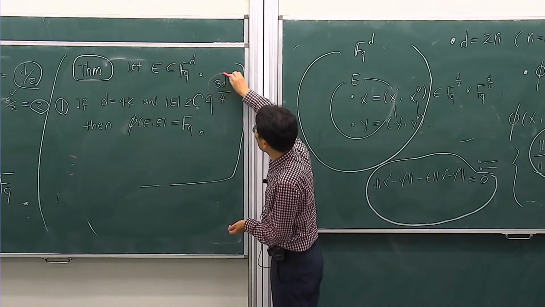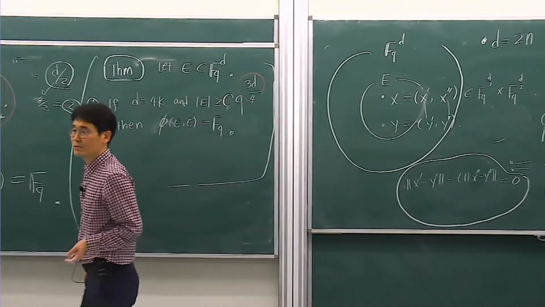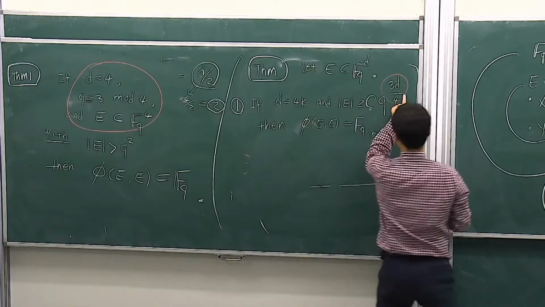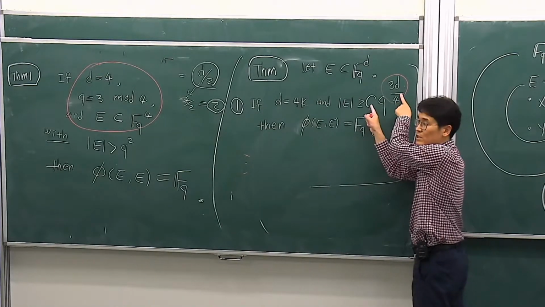You can check this is bigger than exponent 2, but this is sharp. We can give a counterexample. We cannot improve this, though we may improve these constants.